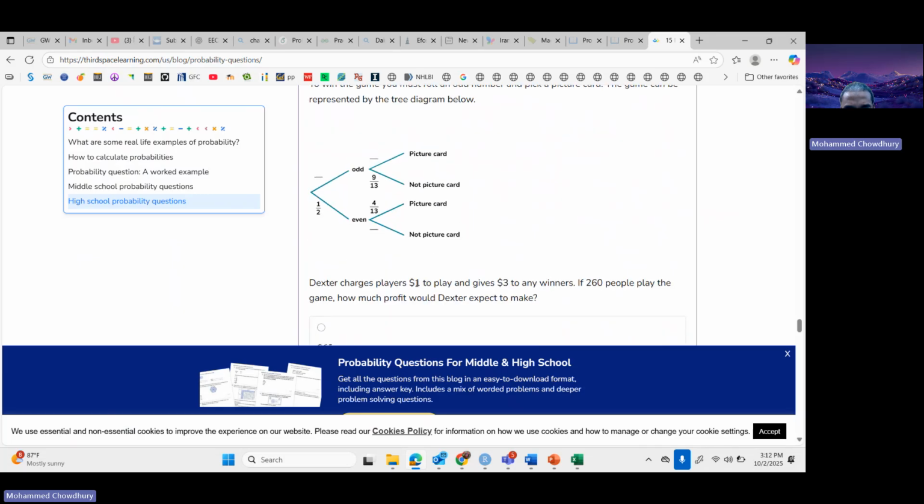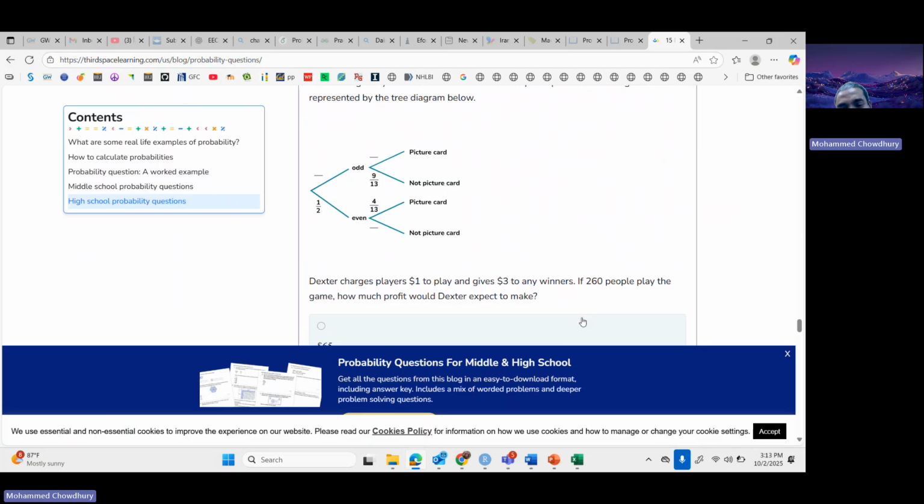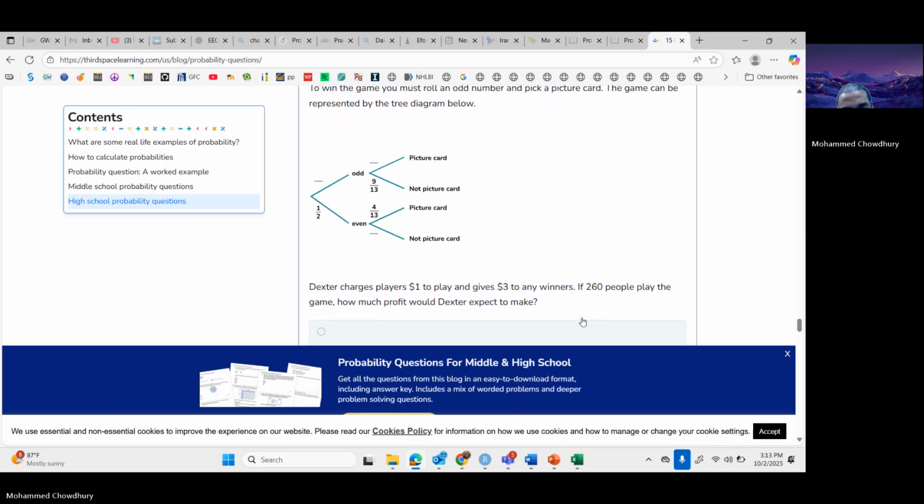So now Dexter charges player $1 to play and gives $3 to any winner. If 260 people play the game, how much profit would Dexter expect to make? So, 260 plays.